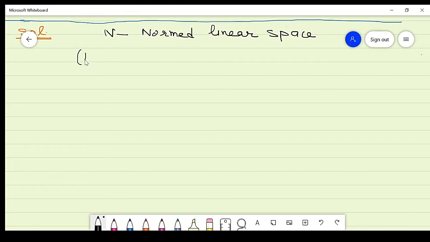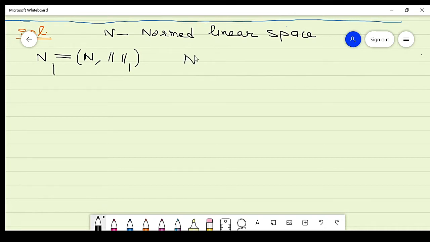If with this N I take norm 1, the normed space is denoted by N1. So N with norm 1 is denoted by N1. It has all the vectors of N, but operated with the norm 1.